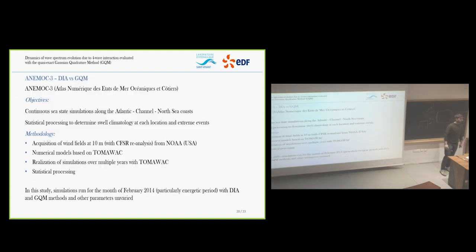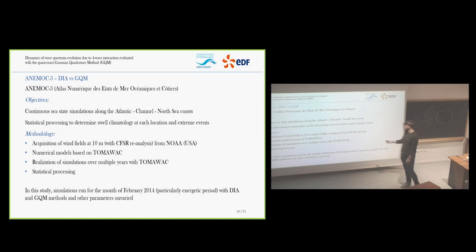So finally, what we wanted to show you is just an example of application of the GQM method. So what we did was taking ANEMOC3, which is a hindcast model based on the Tomawac code that simulates past conditions of the sea states.